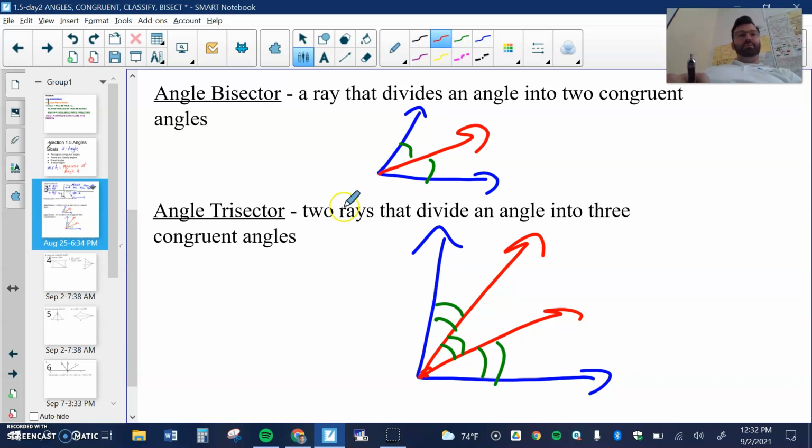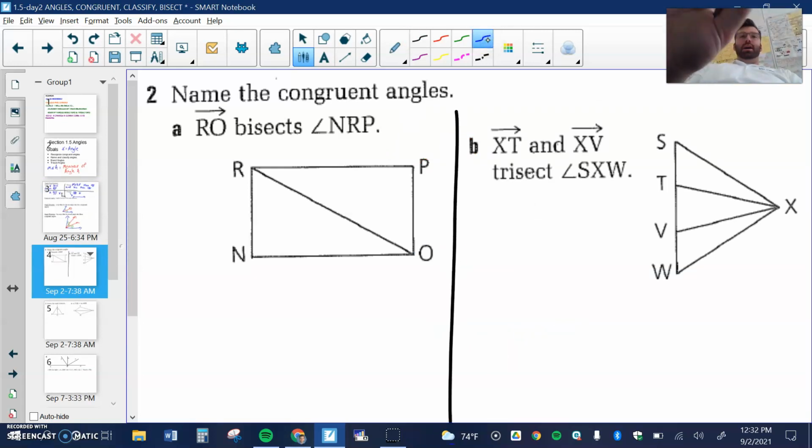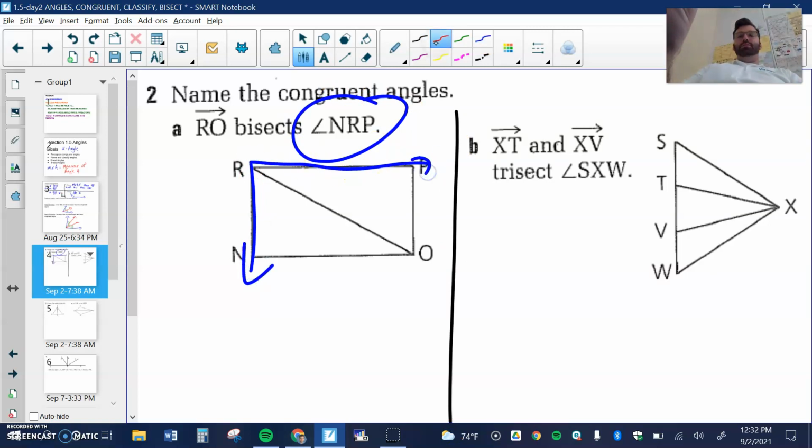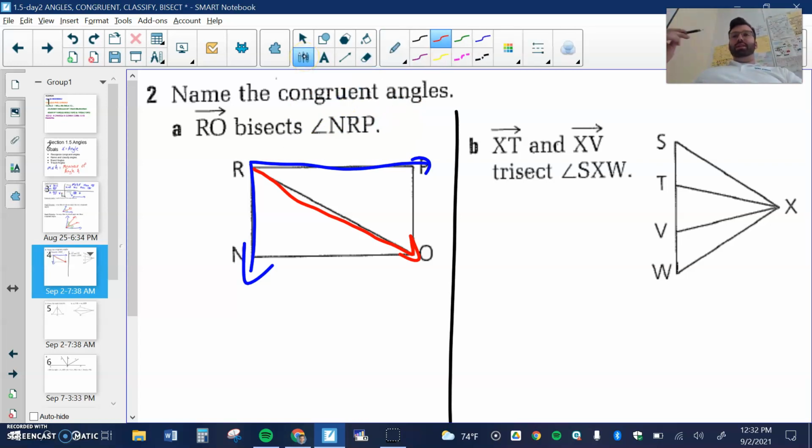Okay, let's keep going. These next 2 slides, we're talking about naming the congruent angles. So how do I do that? Well, I start here, outlining that angle. Then I outline the ray that bisects it. When I look at NRP, I want to think to myself, what is the vertex?